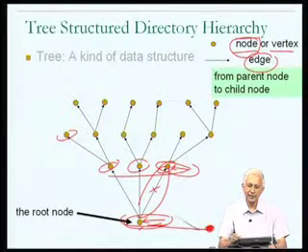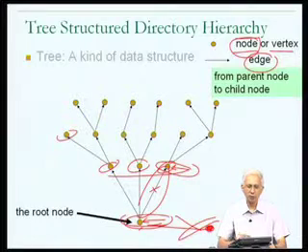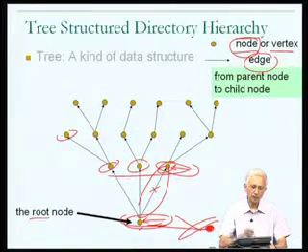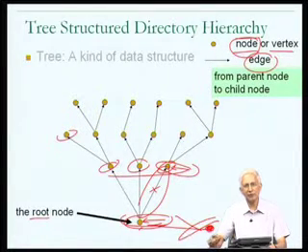But in the tree that we have, there is no such situation, and the single node in the tree which does not have a parent is called the root node. So we could refer to it as the root in general. So the kinds of trees that we're talking about have a single root, and then they have multiple other nodes, each of which has a parent-child relationship with one of the other nodes in the tree.